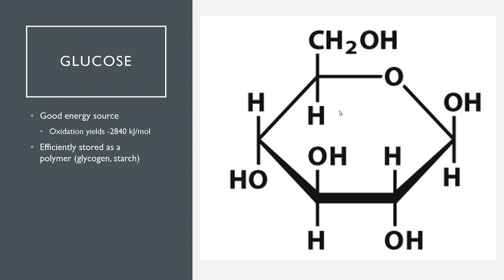So we talked about polysaccharides, so you can take glucose. Glucose can be made into both glycogen in animal cells and starch in plant cells, and those molecules are densely packed with energy and have low osmolarity, and so they are nice ways to store energy in the cell.